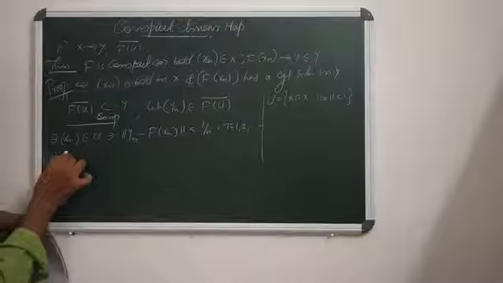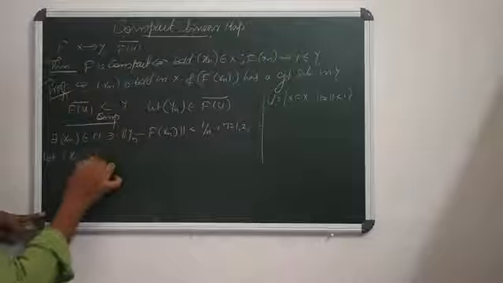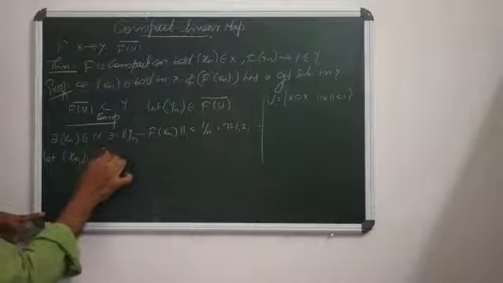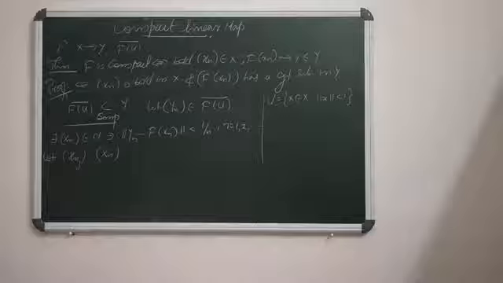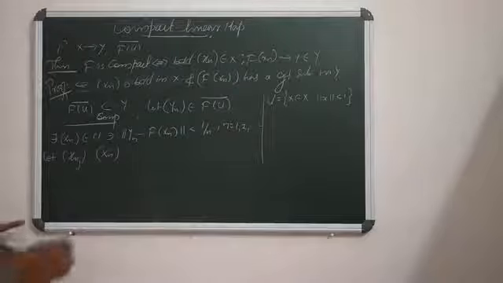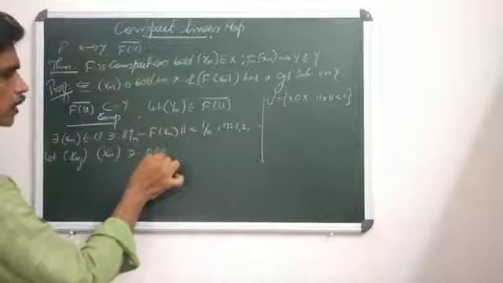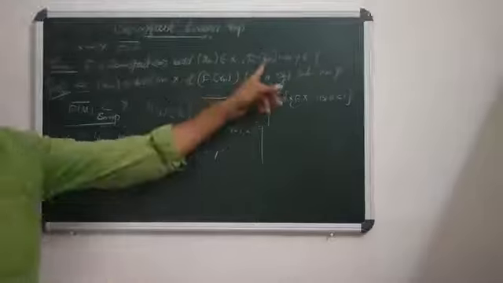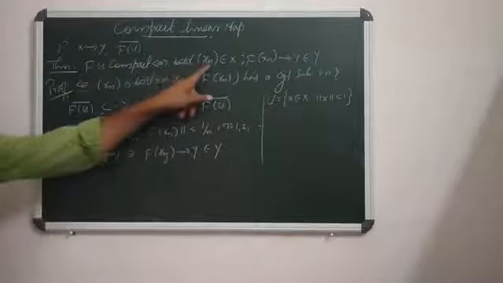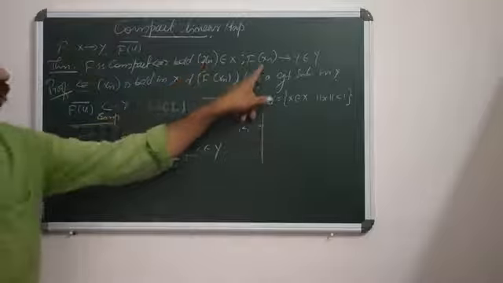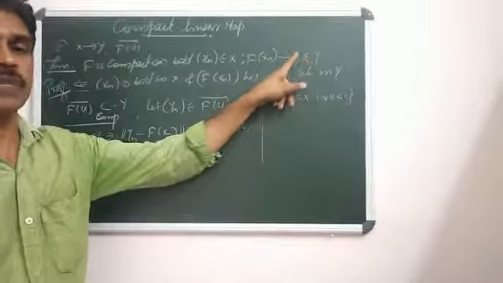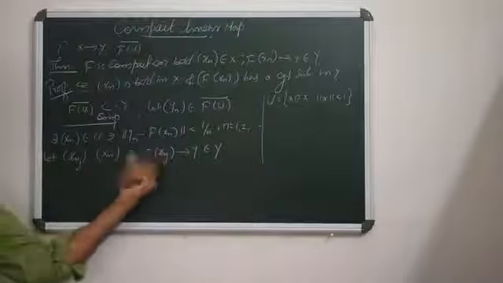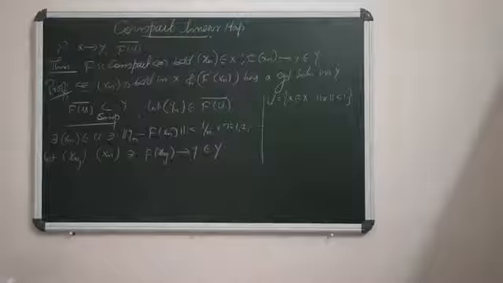Let xnj be a subsequence of xn such that f of xnj converges to some y in Y according to our hypothesis. The hypothesis states that for any bounded sequence xn in x, f of xn has a convergent subsequence in y. Since a sequence converges, a subsequence also converges.